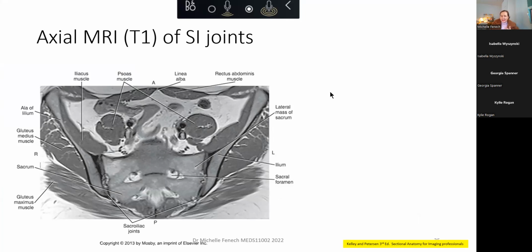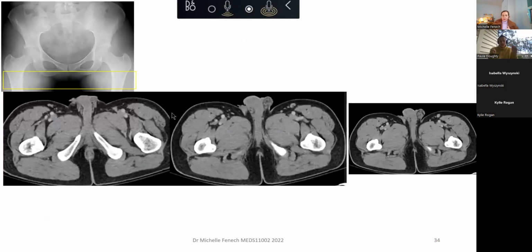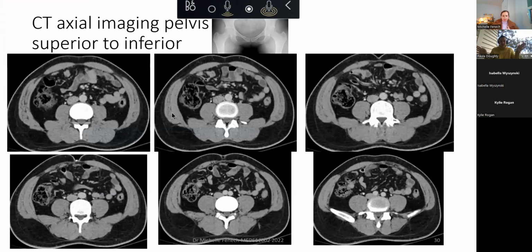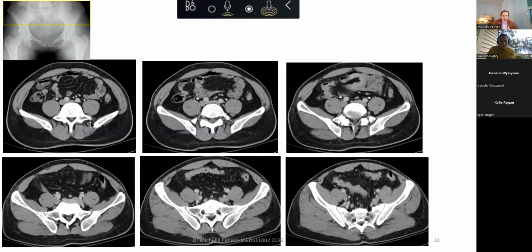Are there any questions about these? If you were to be imaging the most superior part of the sacrum, would that be when the happy little stingray appears? Yeah, so you go through from your L5, then you hit a disc space, your L5-S1 disc, and yes, that's the top part of your sacrum right there.